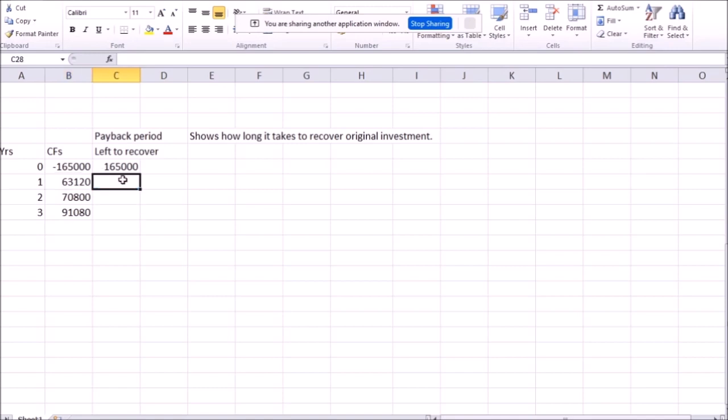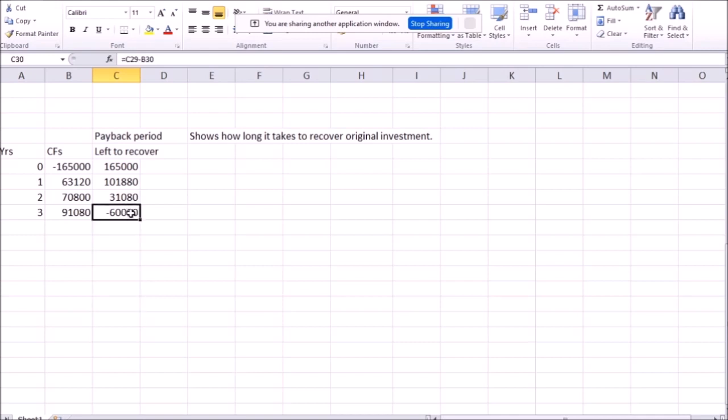So for the rest of the columns, I'm going to hit equals this number minus this number, enter. This will show me how much I still have to recover by the end of the first year, by the end of the second year, and keep going, by the end of the third year, fourth year, fifth year, and so on. And copy it only until you see a negative number.